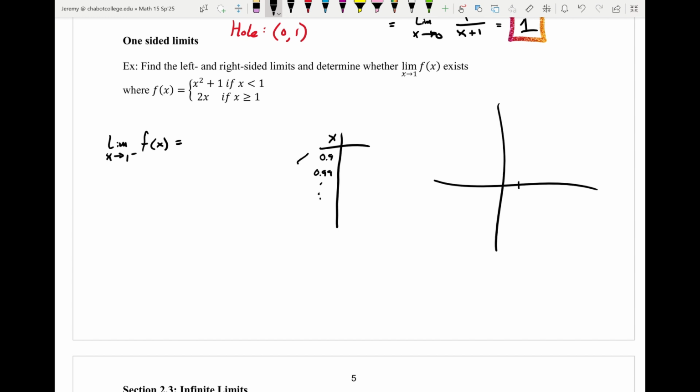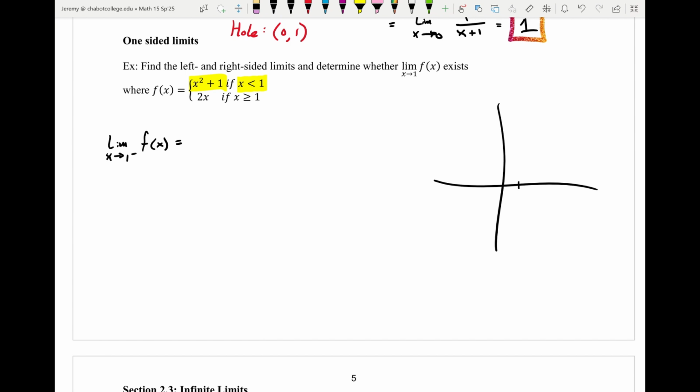Notice that every number we plug in to evaluate this left limit is going to be a number which is less than 1. So this means that we would be plugging into this quadratic function here. That means that when I'm evaluating this limit, I don't really have to think about the whole piecewise function. Really, I can just think about the part that's relevant to this left limit at x equals 1.